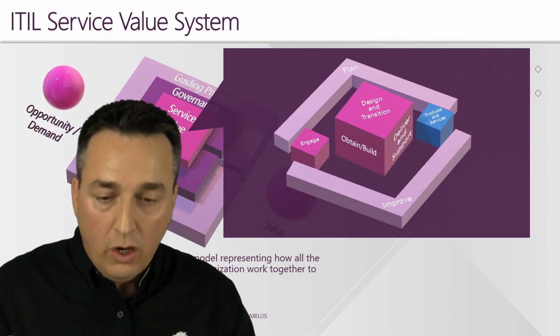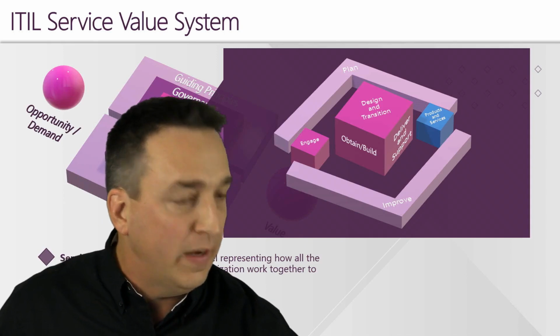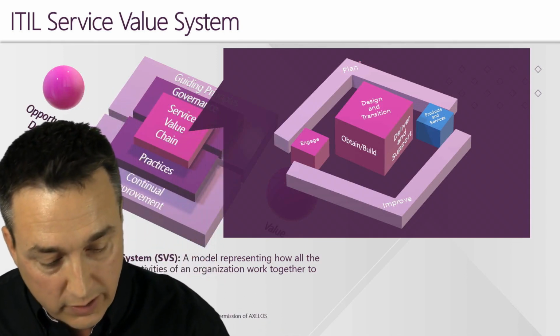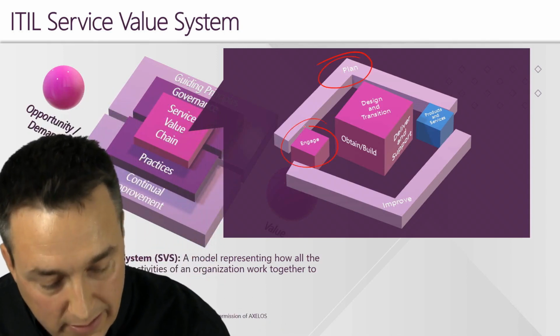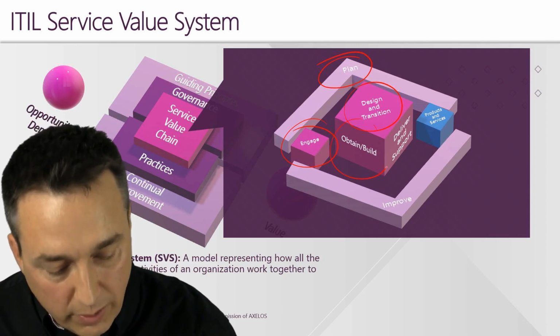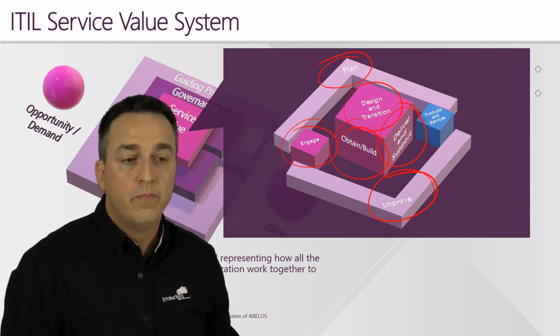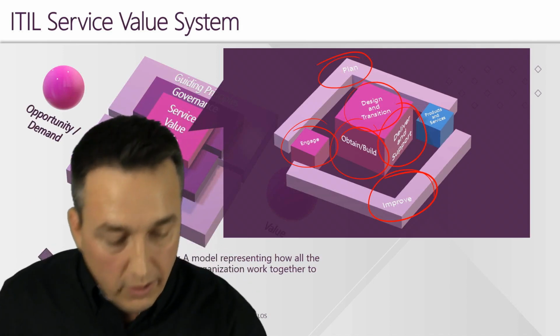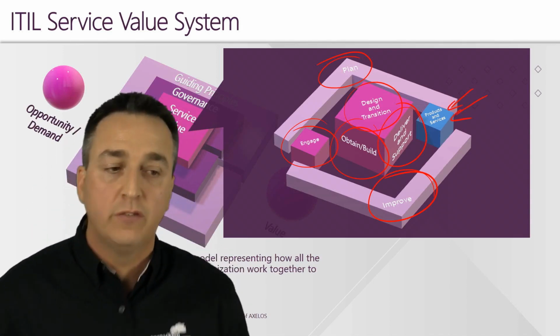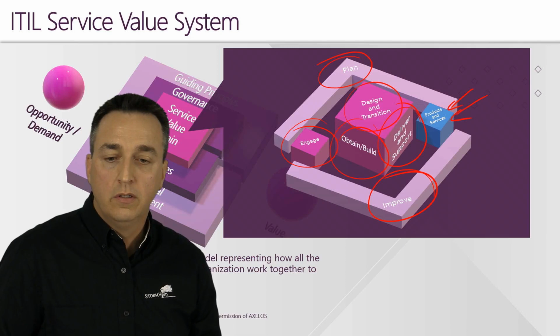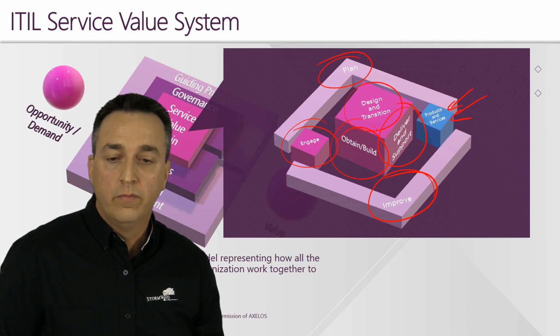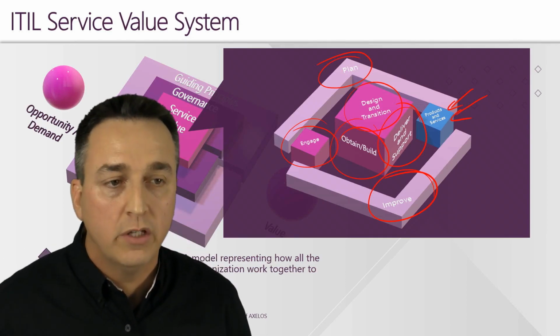Activities that are required by you to effectively manage your products and your services. So planning, engaging, designing and transition, obtaining and building, delivering and supporting, and improving. Of what? Your products and your services, folks.